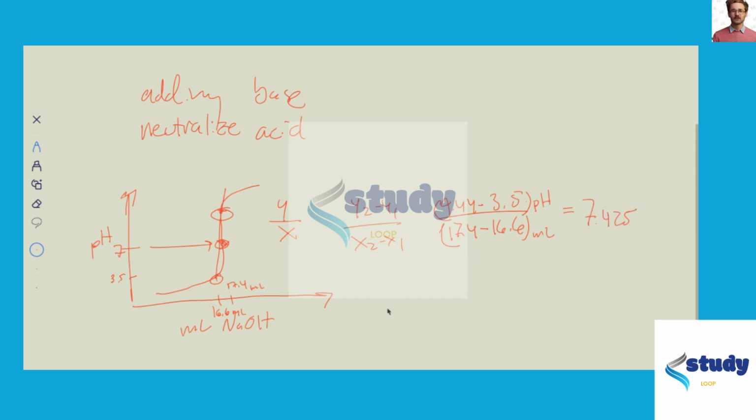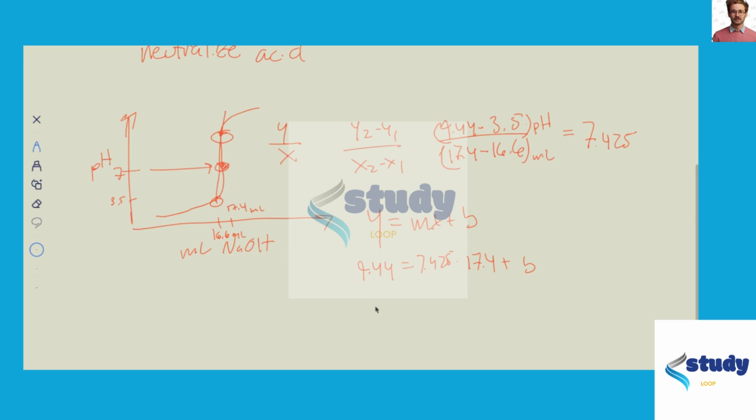Okay. And then if we put this in point-slope form, or y equals mx plus b, we can figure out what b is. If we take any old data point, so it could be 9.44 as our y value equals the slope, 7.425, times x, and our x value is 17.4, plus b, and we need to solve for b.